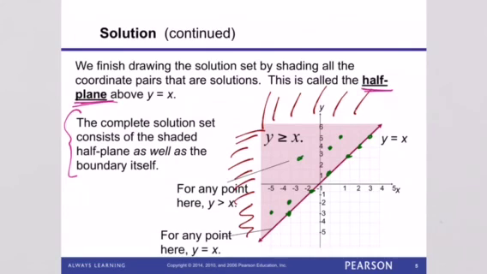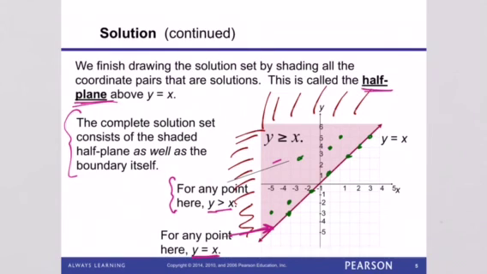They make it true. So if you notice, for any point in this half plane, in this red shading over here, y will always be greater than x. For any point on the line, right, this line right here, y equals x.